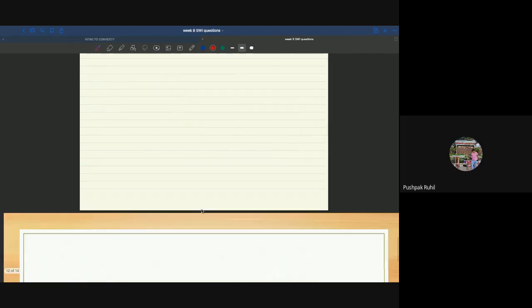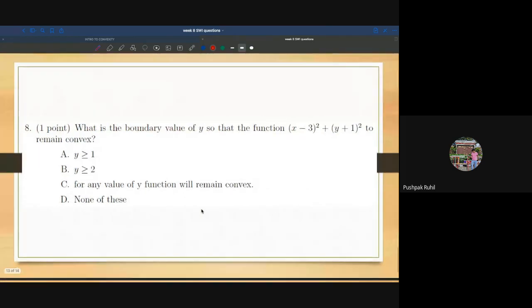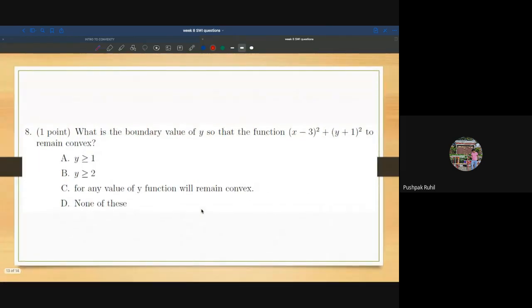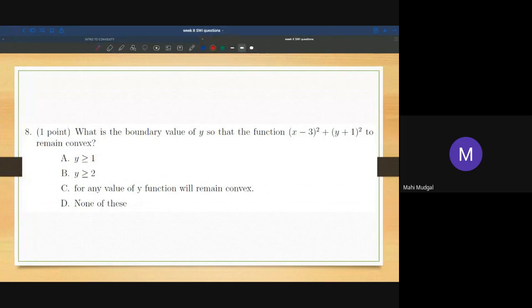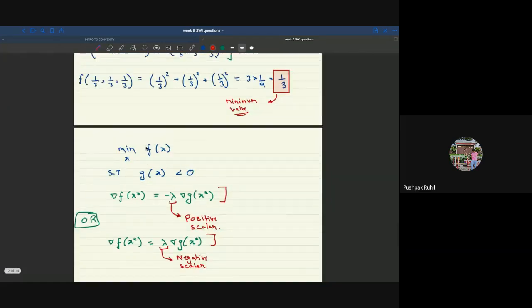Okay, I guess we can move to the next question. Sir, I didn't get the difference between the less than, if there is an inequality. Like you did the same for both, I guess. Okay, I'll tell you.